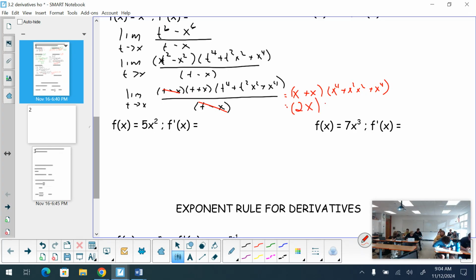First one will give us 2x. Second one will give us x to the 4th plus x to the 4th plus x to the 4th. So we would have 3x to the 4th. So we have 2x times 3x to the 4th, which gives us 6x to the 5th.